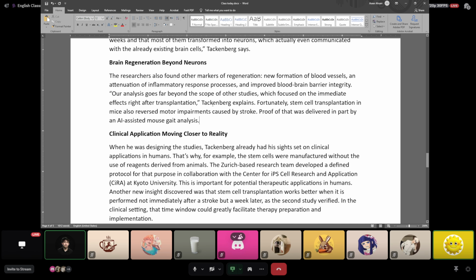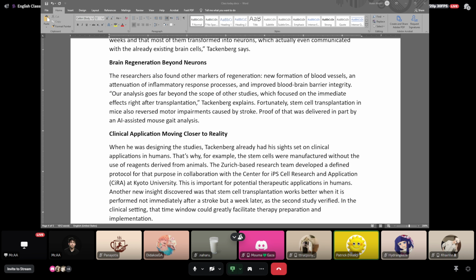Brain regeneration beyond neurons. The researchers also found other markers of regeneration: new formation of blood vessels, an attenuation of inflammatory response processes, and improved blood-brain barrier integrity.